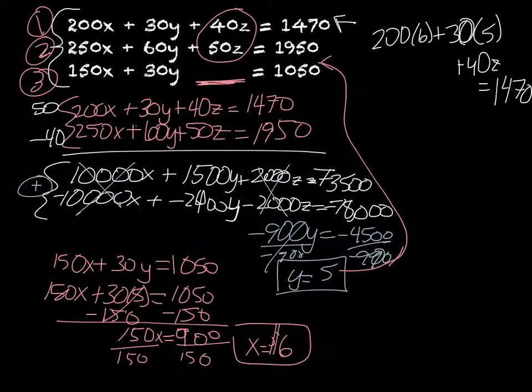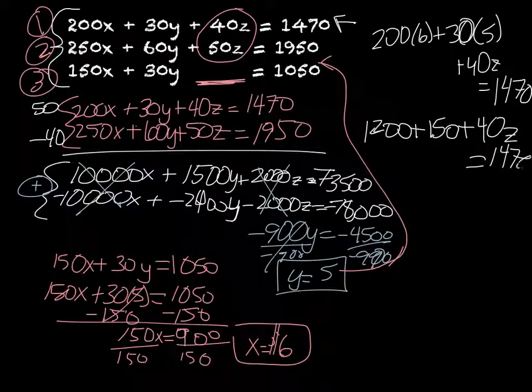Okay, so 200 times 6 is 1200, plus 30 times 5, which is 150, plus 40z equals 1470.